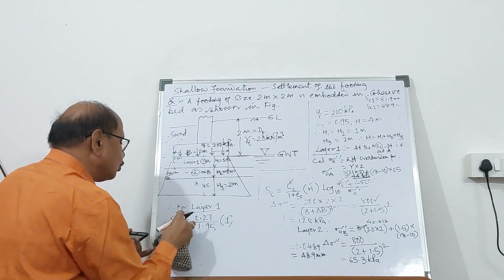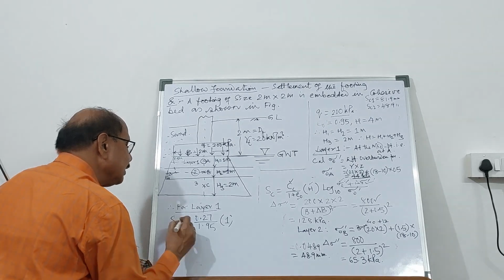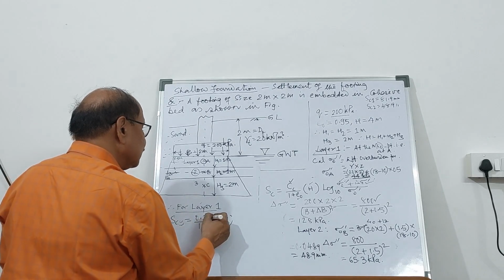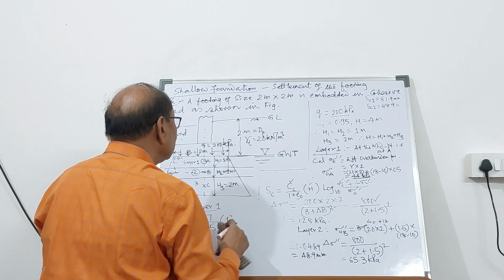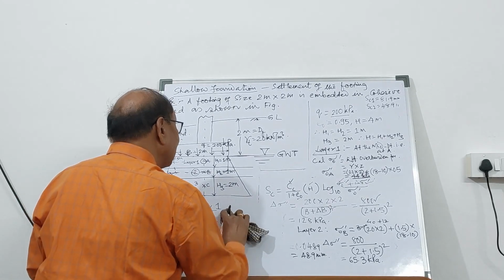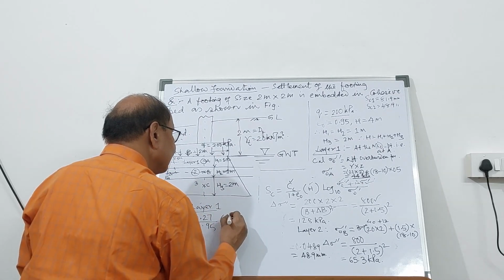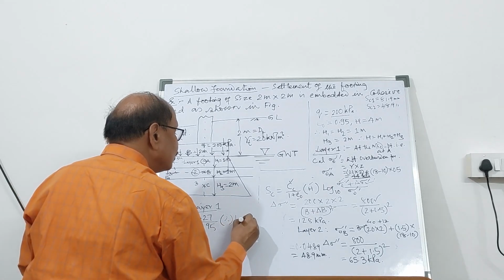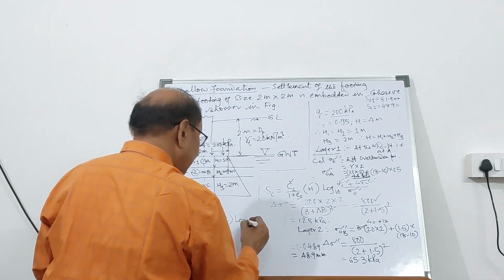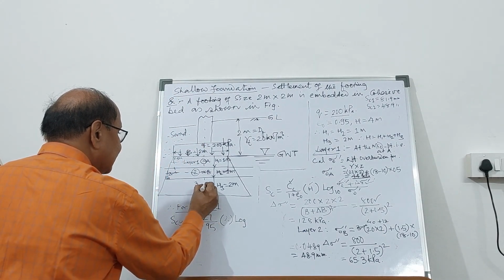SC3 will be equal to Cc divided by 1 plus E naught into H3. Now H3 is 2 meter. So here it will be 2 meter into log of sigma naught prime. So what is sigma naught prime at point C?